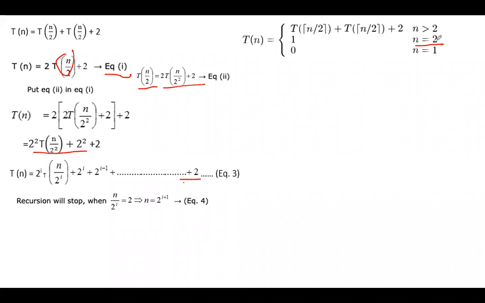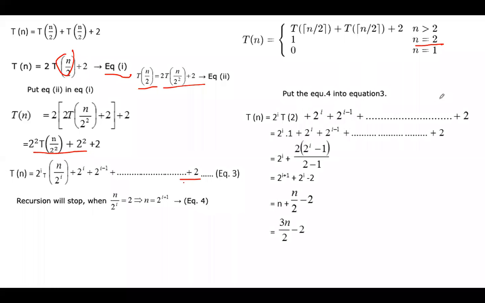This n divided by 2^i will continue until it is equal to 2. That is T(2). When you reach T(2), then it will stop. Which is nothing but n is equal to 2^(i+1). So substitute n equal to 2^(i+1) here.